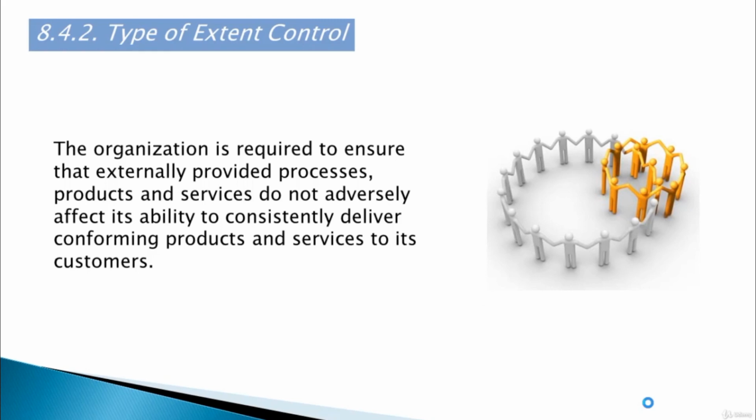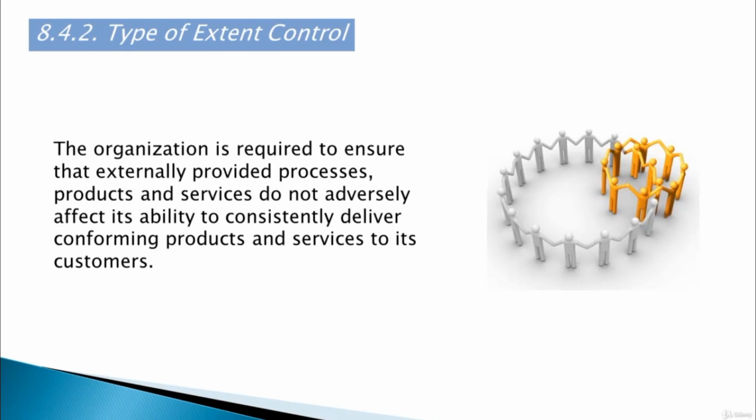The second part of the control of externally provided processes, products, and services is the type and extent of control. Basically, the organization is required to ensure that externally provided processes, products, or services do not adversely affect its ability to consistently deliver conforming products and services to its customers.